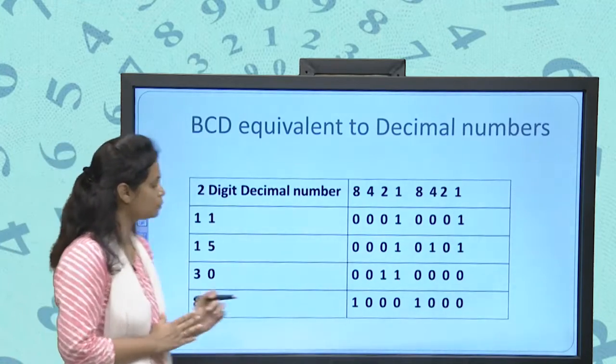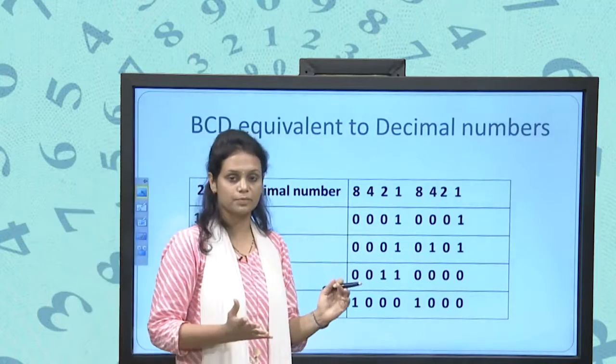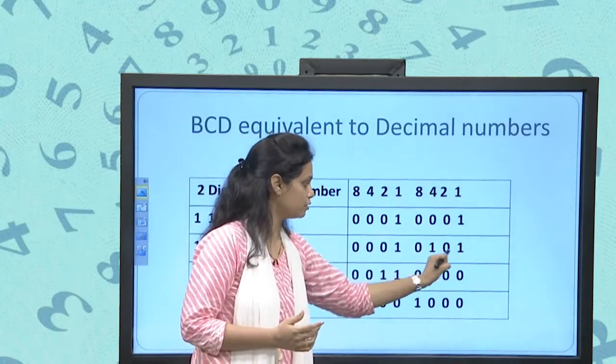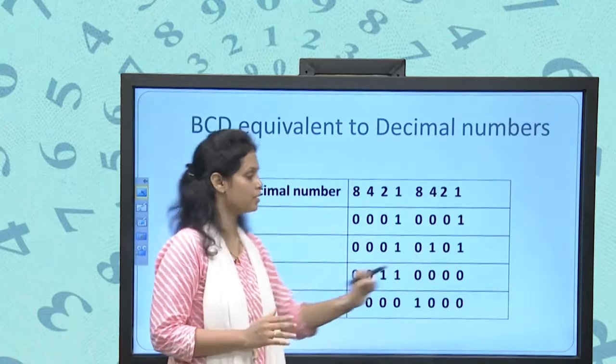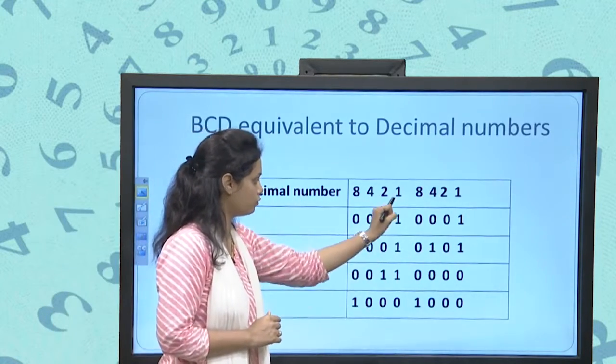So what we will do? We first display the 5. How will we display the 5? We make the 4 on and the 1 on. 4 plus 1 is 5. Now what is left? 1. So we will make 0001, fine.